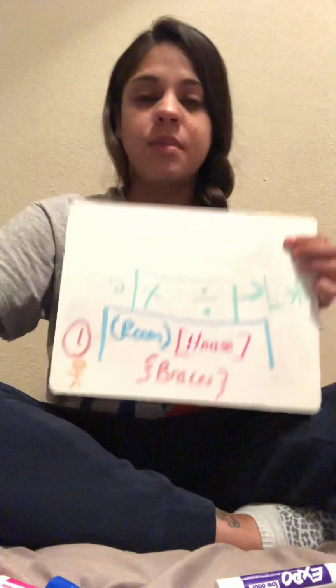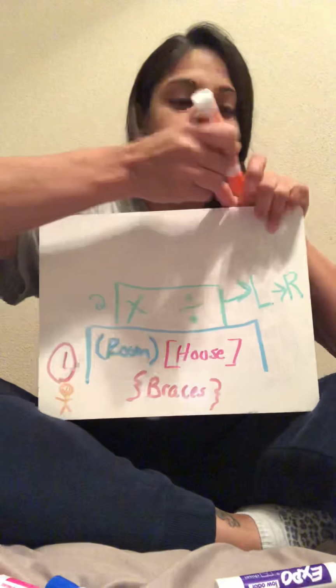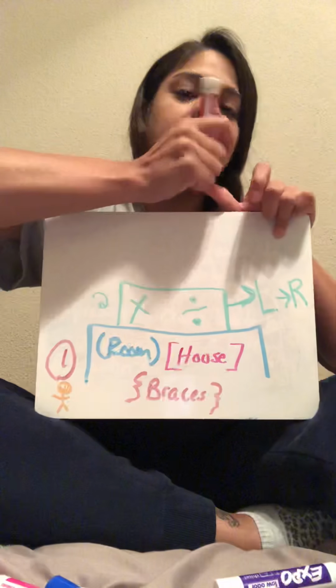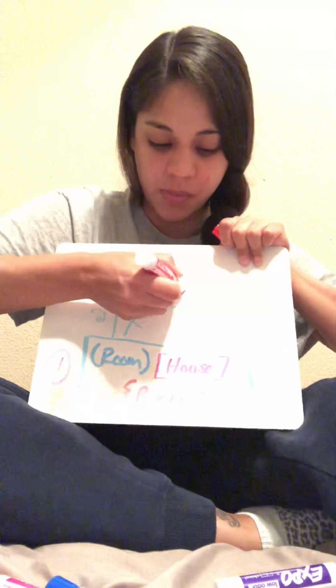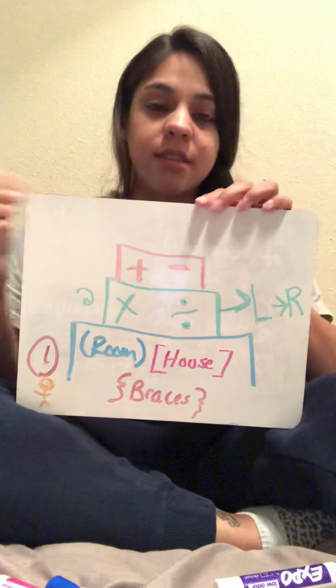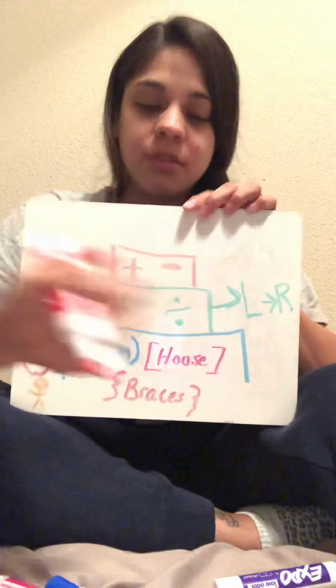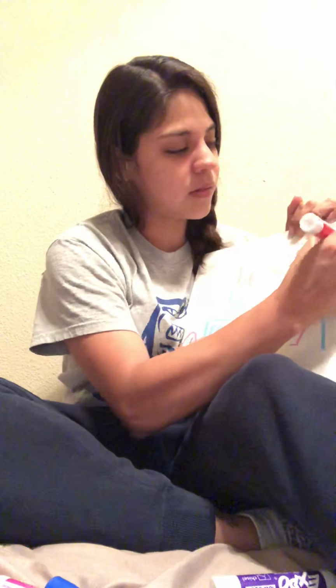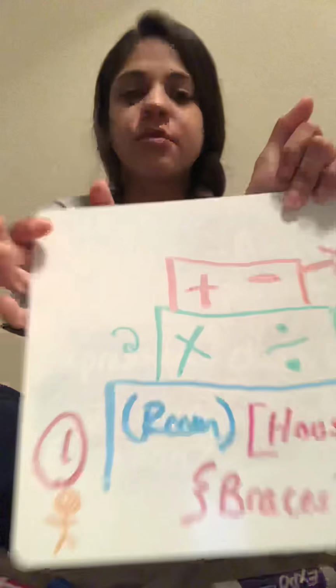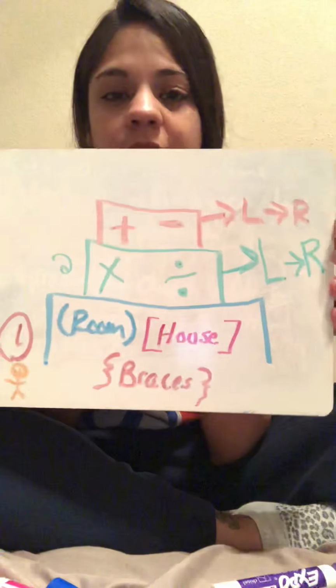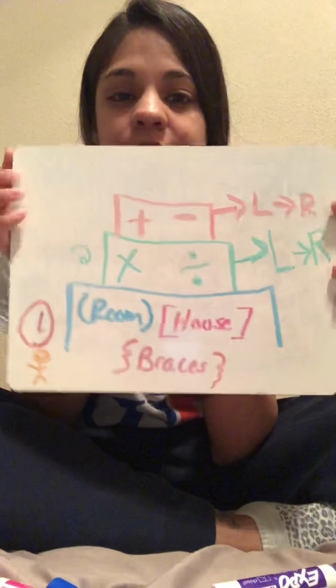And then we're going to go up to layer number 3. Layer number 3 just has your addition and subtraction. And again, that's another layer that does the same thing from left to right. So whatever you see first, that's what you're going to use first. Okay, left to right. And this is called the cake.